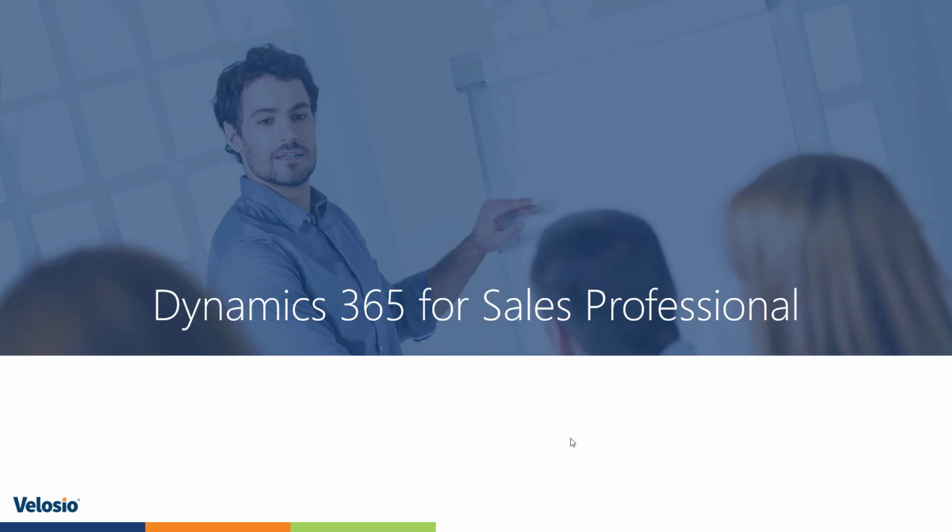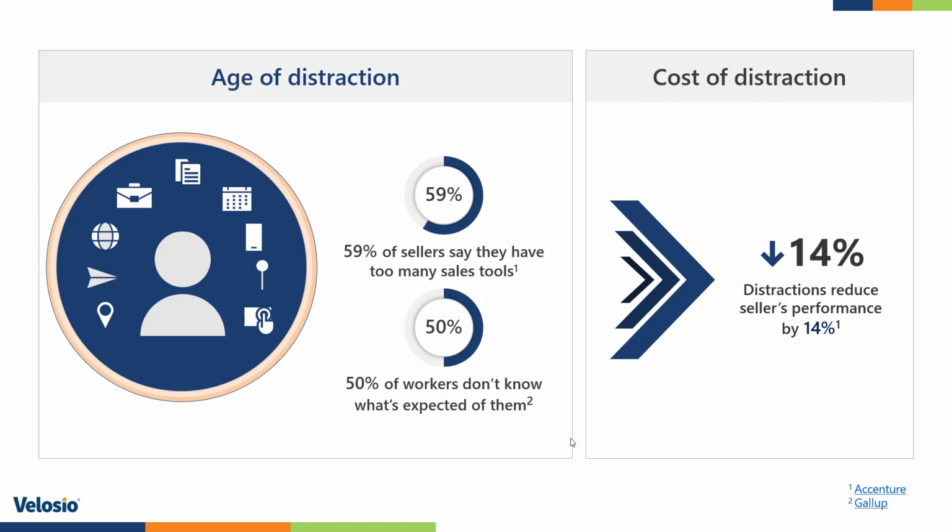So let's get started. Dynamics 365 for Sales Professional. One of the consequences of living in the digital era is that we're bombarded with information, short on attention, and driven to distraction. And sellers are not immune. They have to navigate data, processes, and tools while making sense of conflicting and unclear expectations.